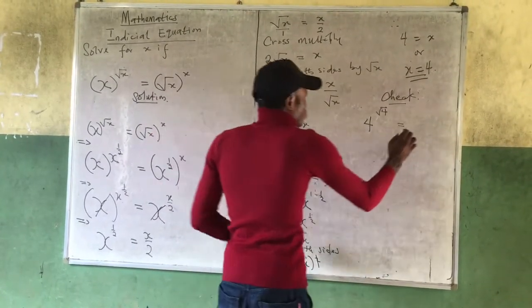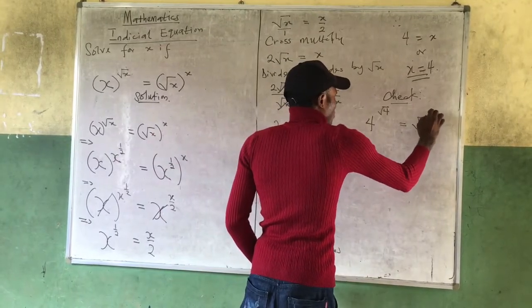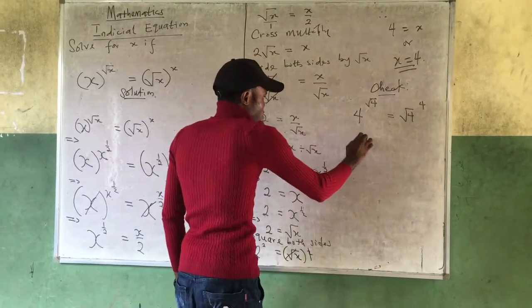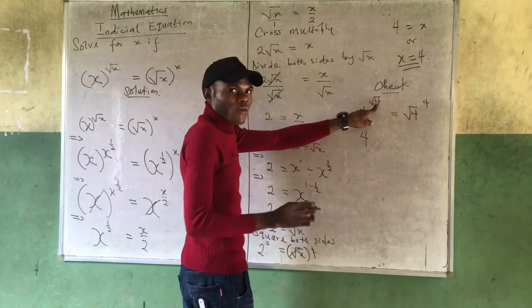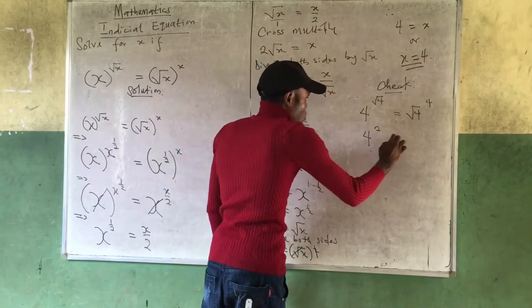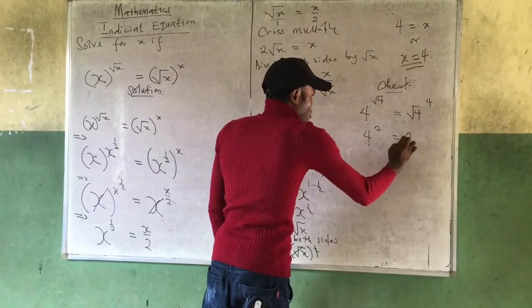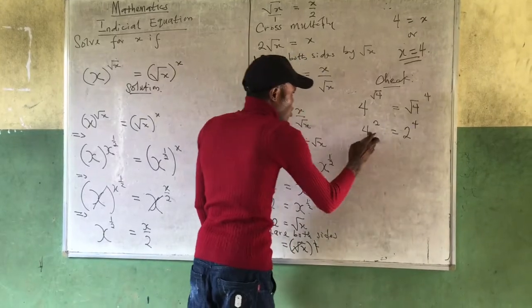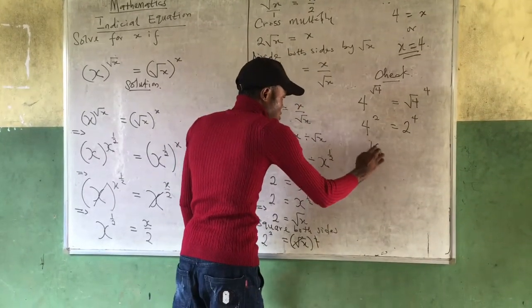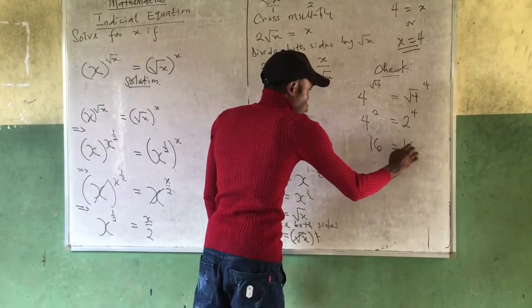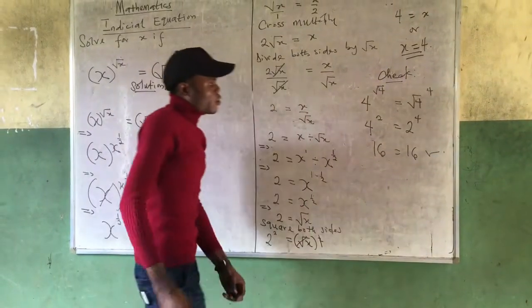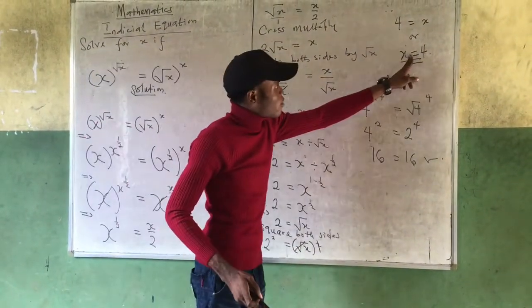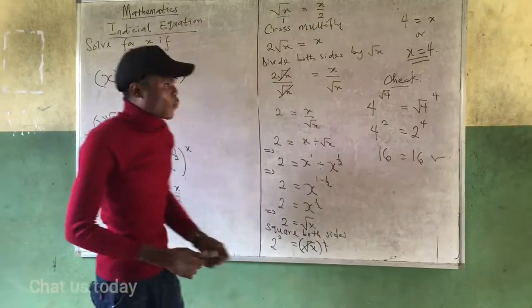This will be equal to root 4 raised to power 4. Square root of 4 is 2, so square root of 4 here is 2 raised to power 4. 4 raised to power 2 is 16. 2 raised to power 4 is also 16, which shows that our value of x is actually 4.